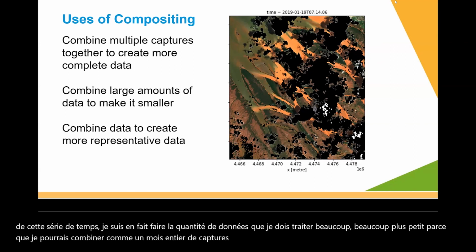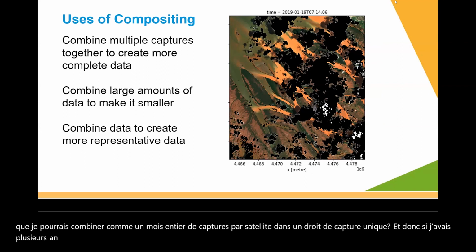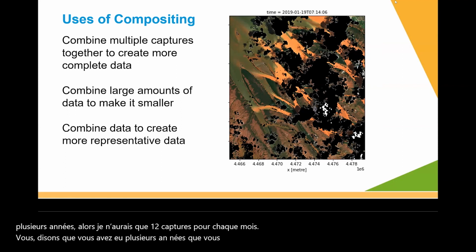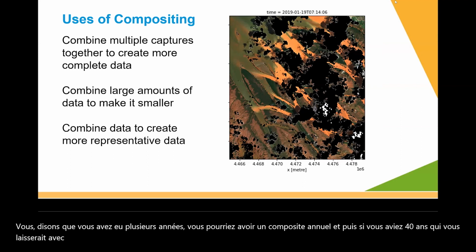If I had multiple years, I would only have 12 captures for every year. You could have an annual composite, and then if you had 40 years, that would leave you with 40 composites instead of potentially thousands of captures for a 40-year period, especially when you're looking at the Landsat archive, which is very, very long.